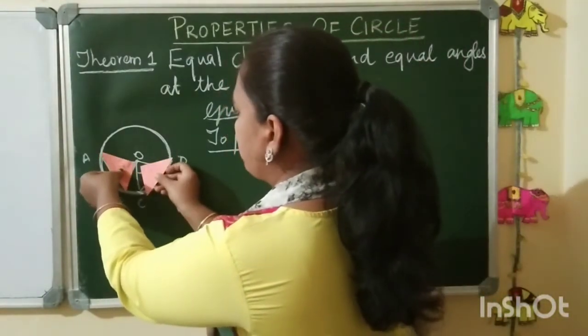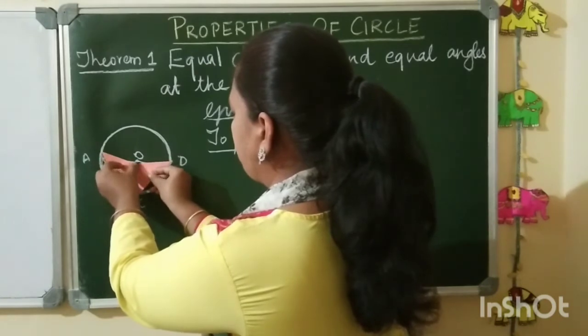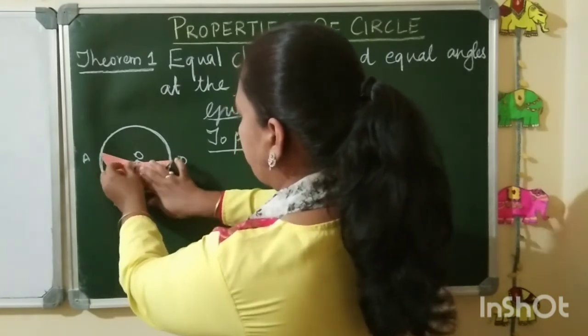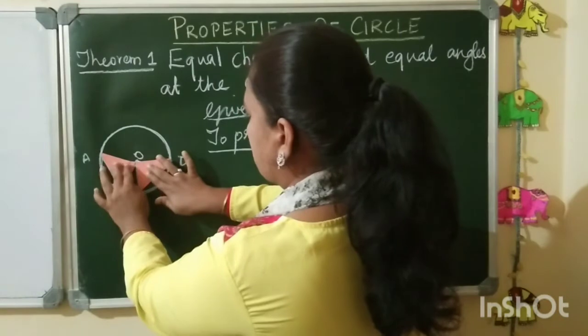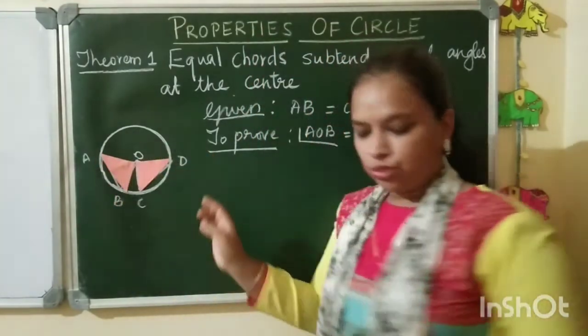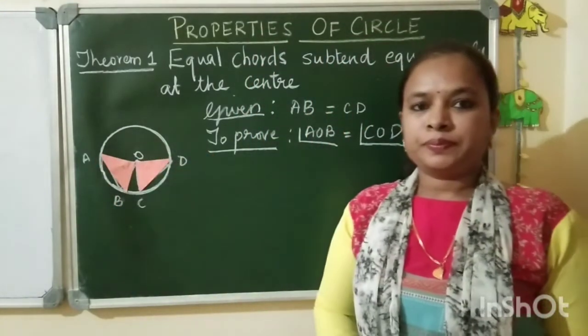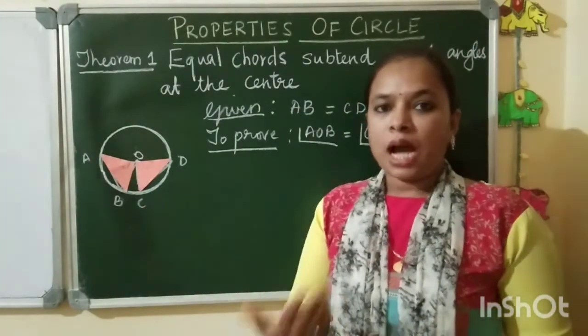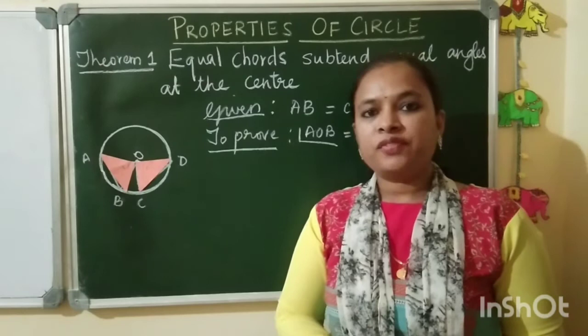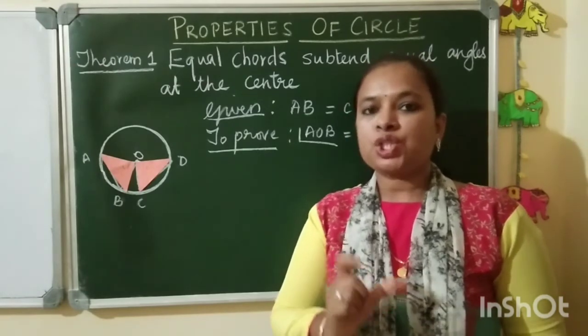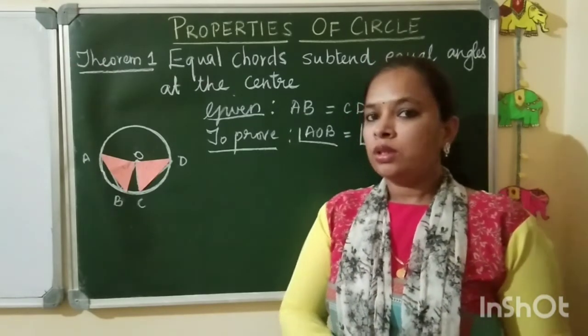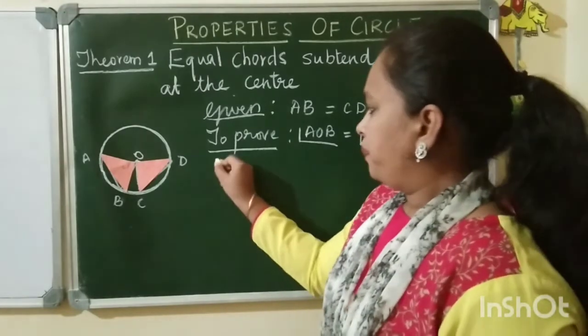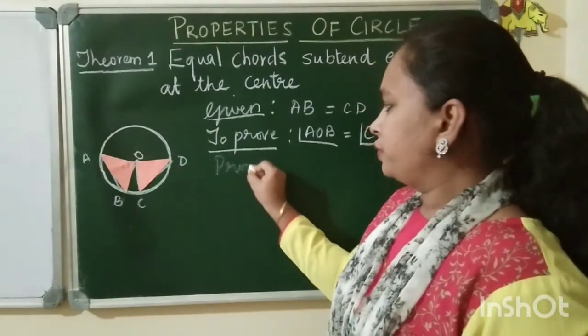Like this, I am going to just place it. Yes. So now I have placed the two triangles. After placing both the triangles, you know whenever you start a congruence of triangles, first we have to consider which triangles we are going to compare with. Proof. Write down the proof.